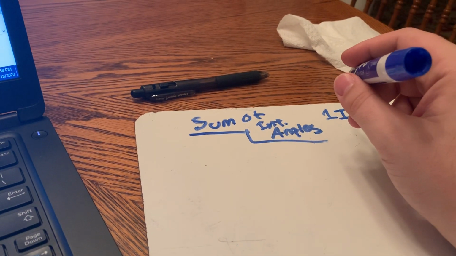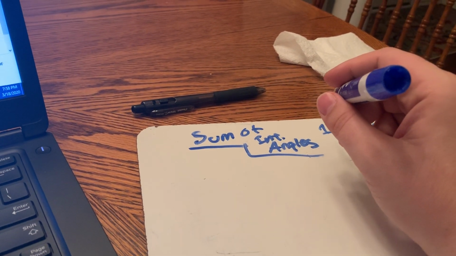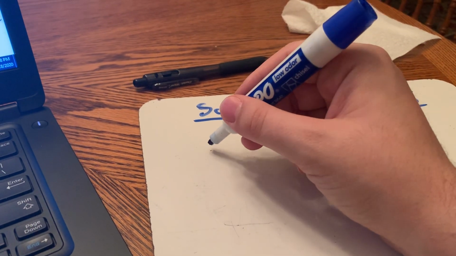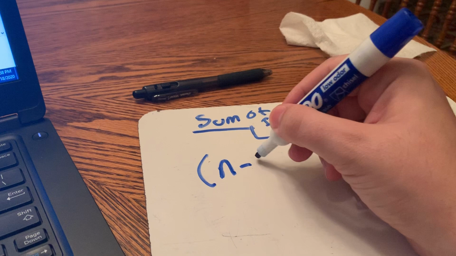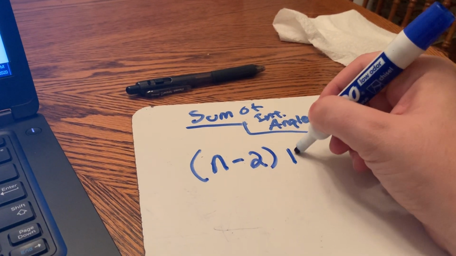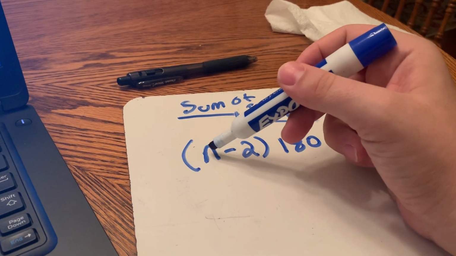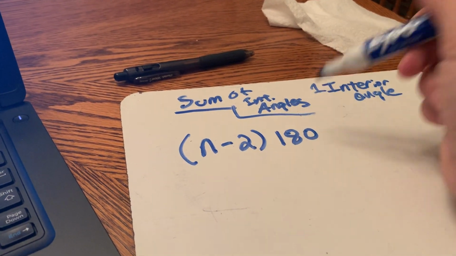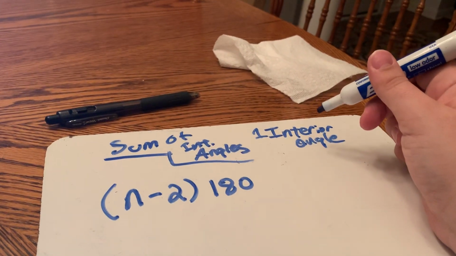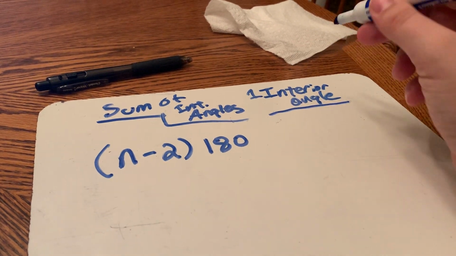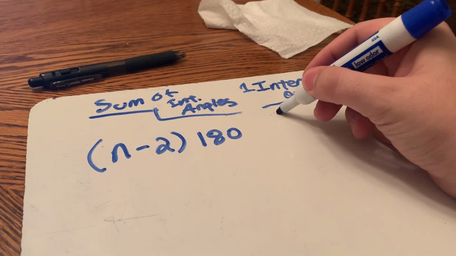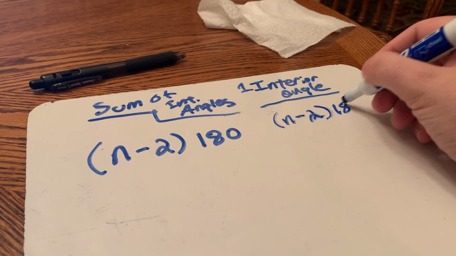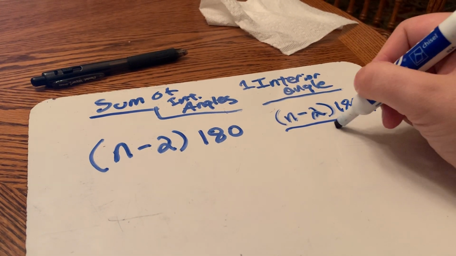So we know all the angles inside a triangle add up to 180 degrees, inside a quadrilateral 360. The formula for that is n minus 2 times 180. So the number of sides, number of angles, same thing, minus 2 times 180. To get the measure of one interior angle, it would be n minus 2 times 180 divided by n.